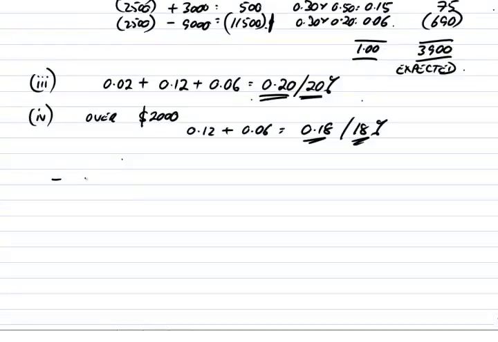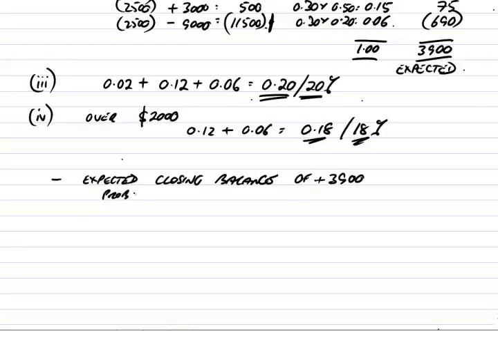That although there's an expected closing balance of 3,900 positive, there are 2 big problems. One, obviously, is the accuracy of the probabilities.